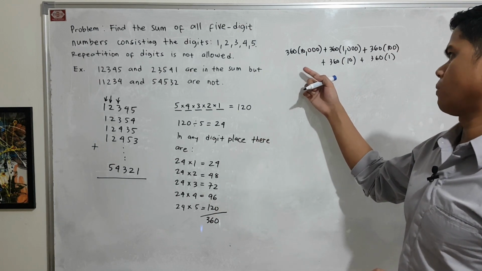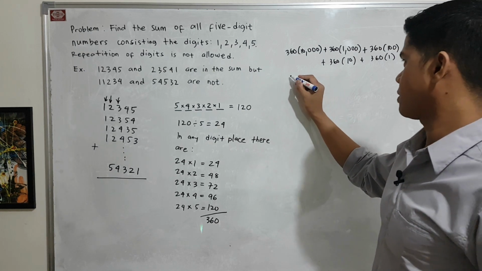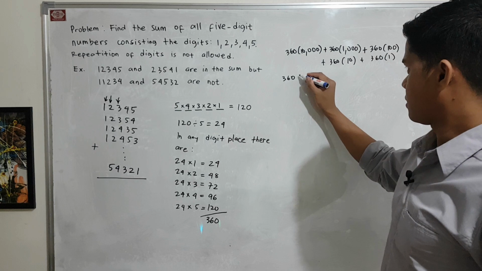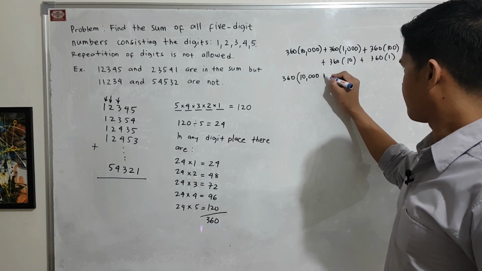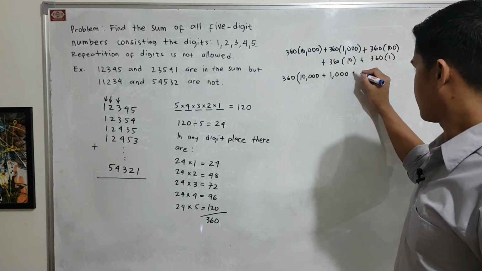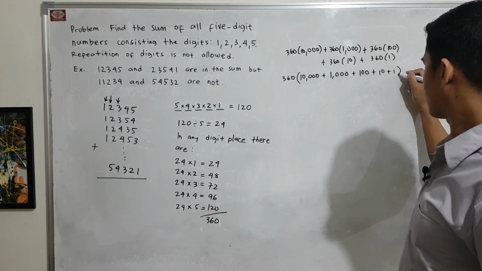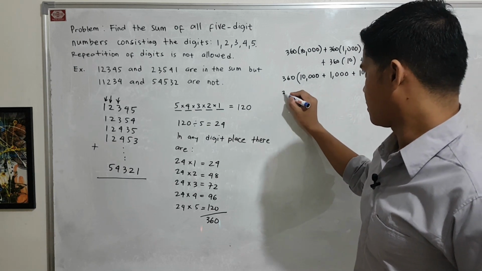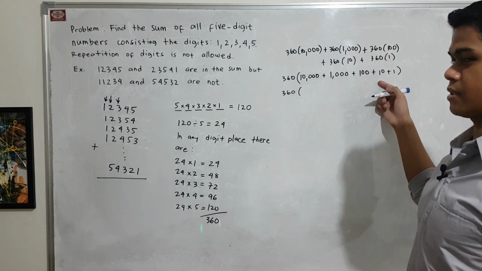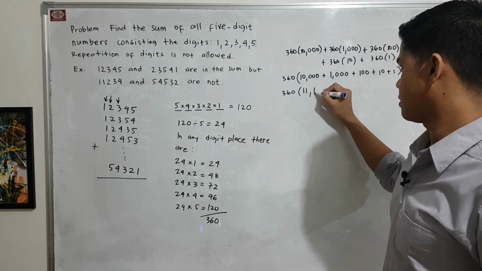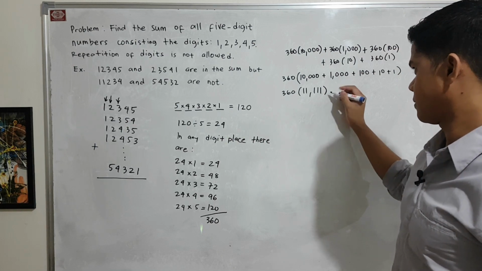We can multiply them and add them, but actually we can factor out the 360. If we factor out the 360, we're left with 10,000 plus 1,000 plus 100 plus 10 plus 1. This can be rewritten as 11,111.